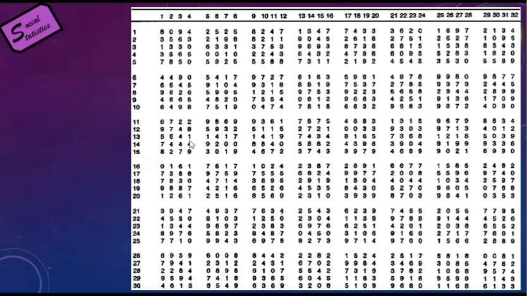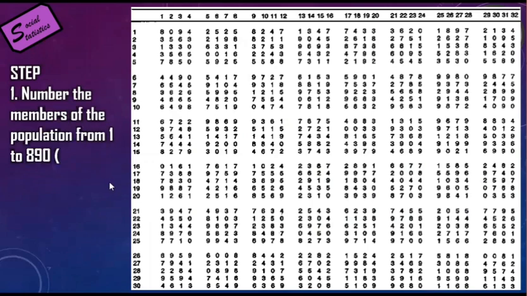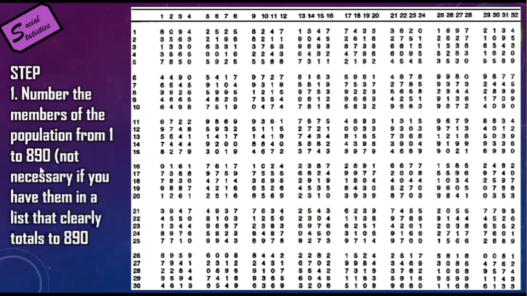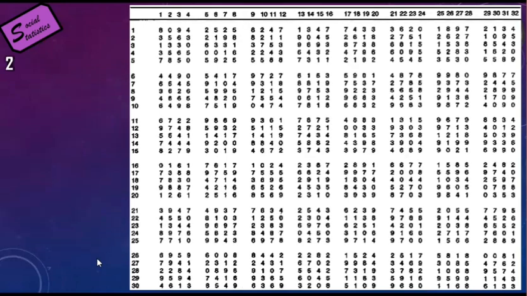Okay, let's now begin. Step 1. Number the members of the population from 1 to 890. Remember, the population is up to 890. Not necessary if you have them in a list that clearly totals to 890.